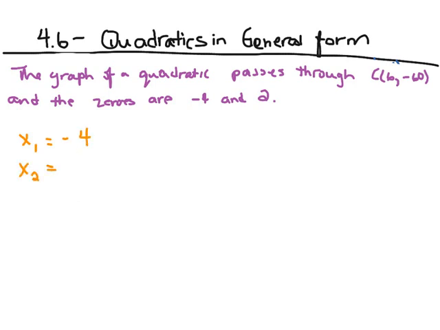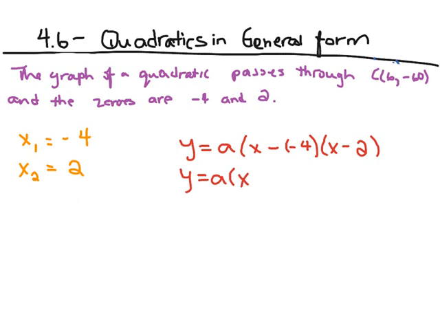Because we know both of our intercepts, we can plug into our form y equals a times x minus x1 times x minus x2. So we have y equals a times x plus 4 times x minus 2. Now because we know it goes through the point 6 and negative 60, we can plug in negative 60 for y and 6 for x and solve for a.